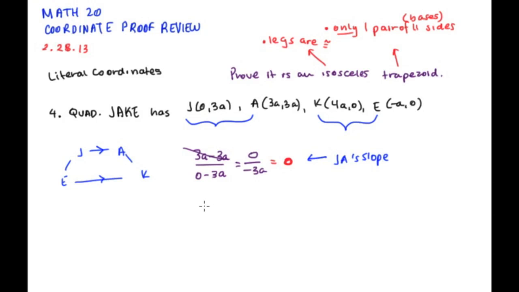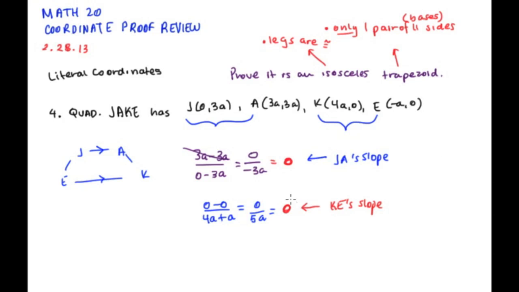So now let's try KE, and that's going to be 0 minus 0, y1 minus y2 over x1 minus x2. It's a plus because there's a double negative in what we're doing here. 4a minus negative a. Doesn't matter, 0 on the top, we already know it's going to be 0, isn't it? So this is also going to be 0, and that's KE slope.